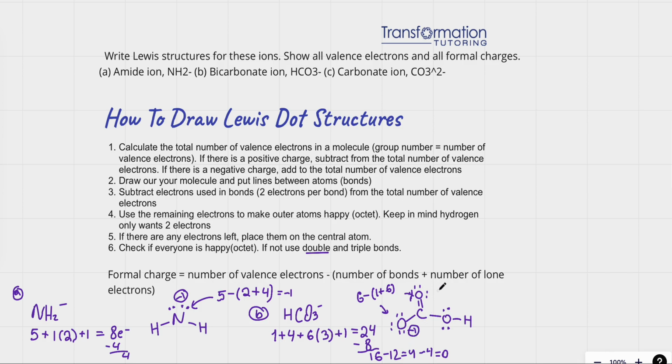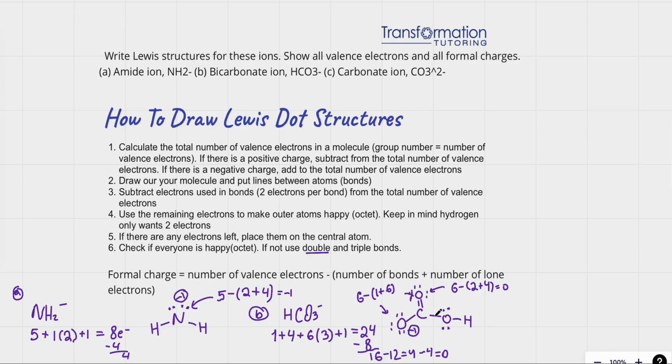What about this oxygen? This oxygen: 6 minus 2 bonds plus 4 electrons. 6 minus 6 is 0, so it has no charge. If you check this oxygen, you will see the same.